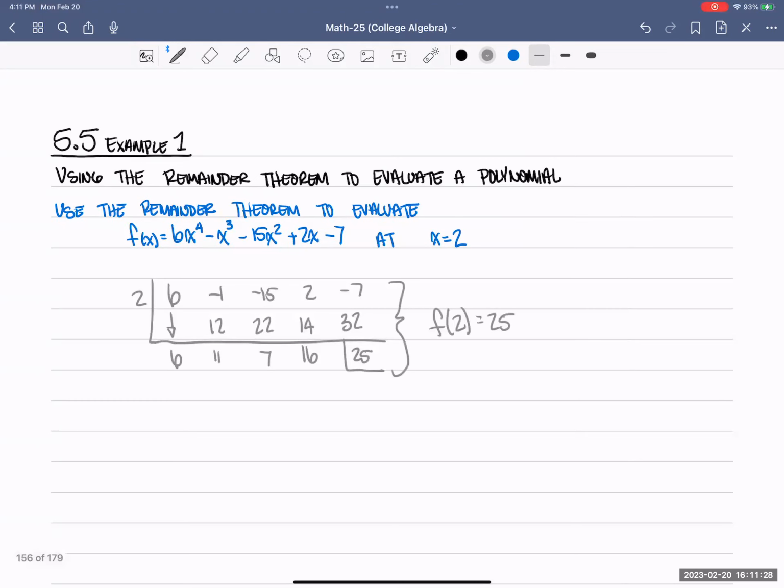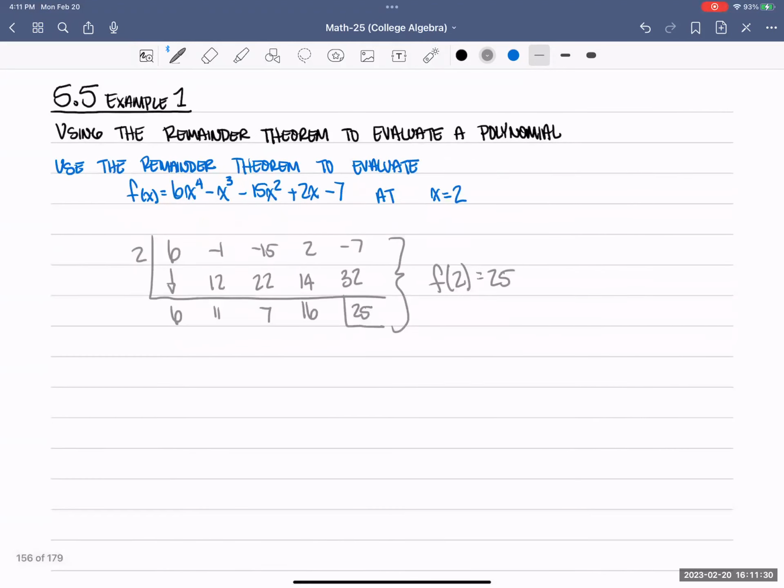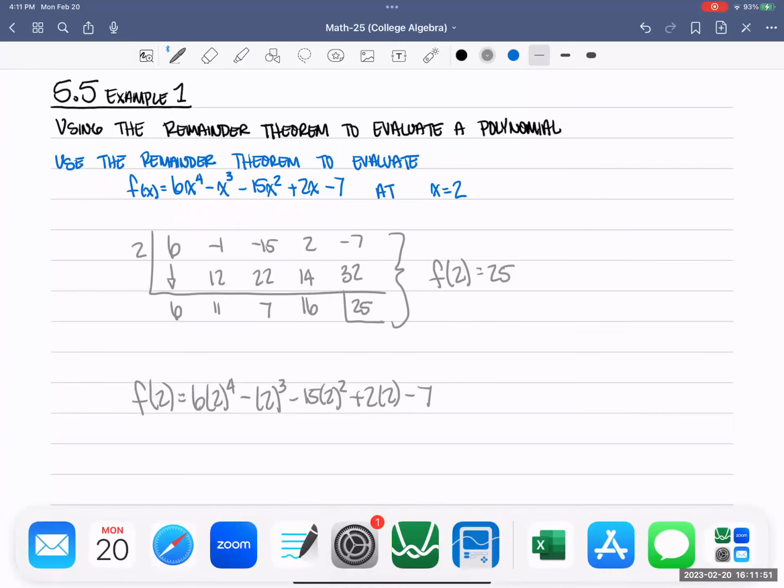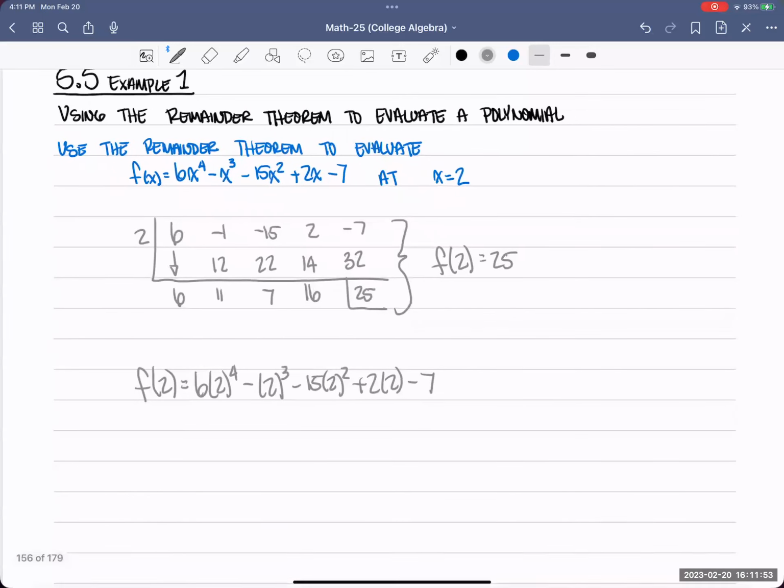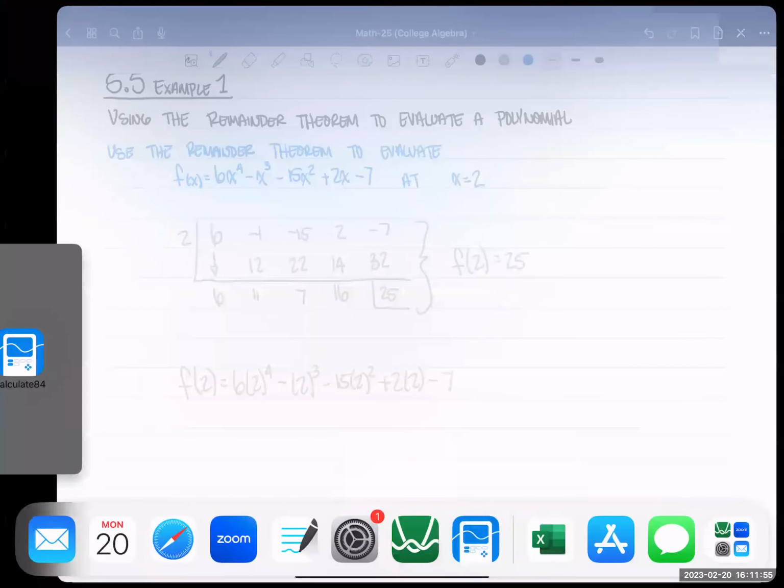And just to make sure, let's give it a try. So we're evaluating our function at 2. So 6 times 2 to the power 4 minus 2 cubed minus 15 times 2 squared plus 2 times 2 minus 7. And just so we don't mess anything up, let's use our calculator.